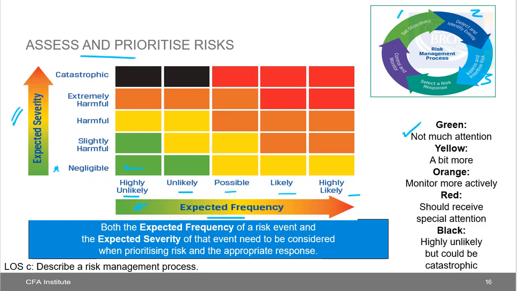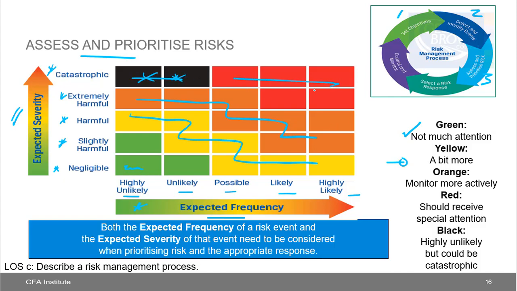Not much attention is given to that risk. But as we move up, you can see from negligible to slightly harmful, or extremely harmful to catastrophic. So you can see here where you're going to put it shows you where the effort goes: green is not much attention, yellow is a little bit more, as we go through here. Then it moves up to orange, and black is highly unlikely, but it could be catastrophic. So you have to pay some attention to it.